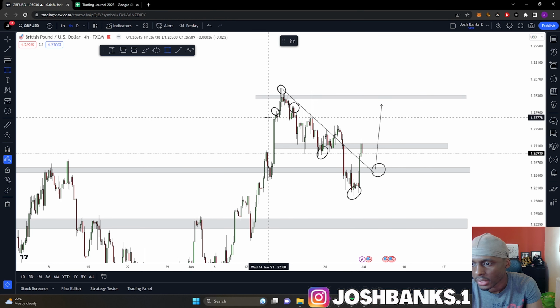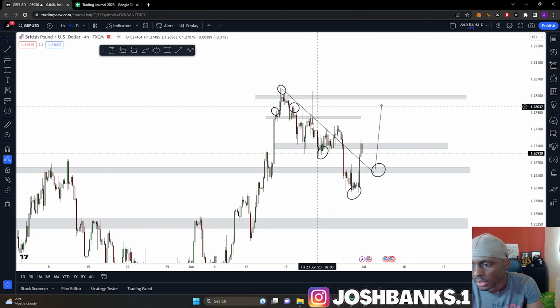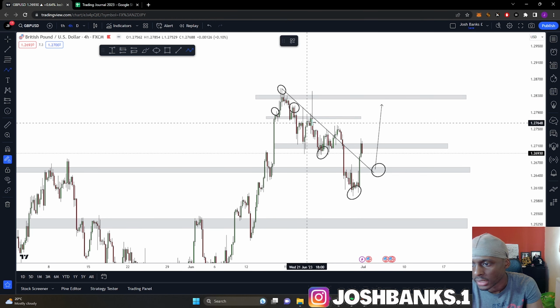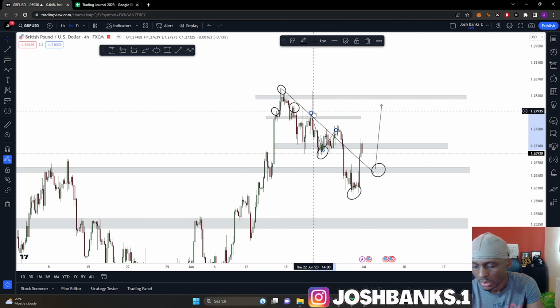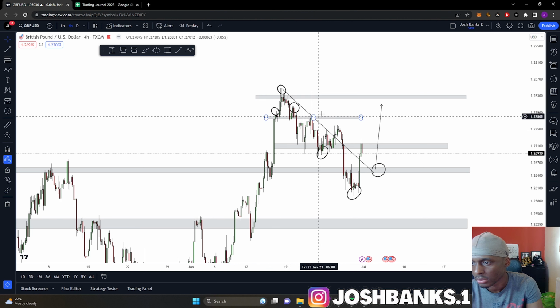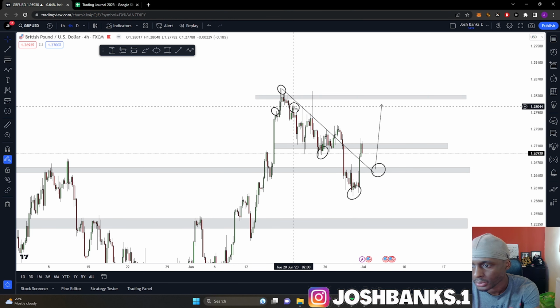Had that break of this level here. Double top there. And then price has been continuing to push lower. Found support, pushed up a bit, and then finally continued back down into the support. So that's what I was anticipating for last week, and it obviously did happen.